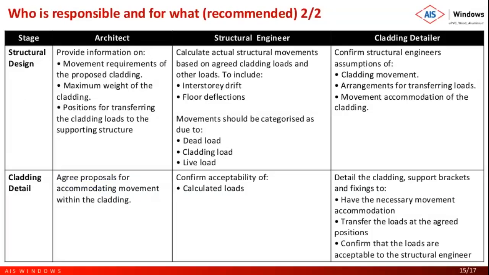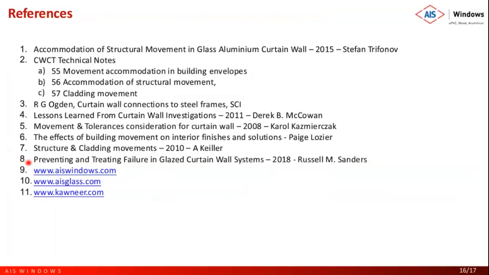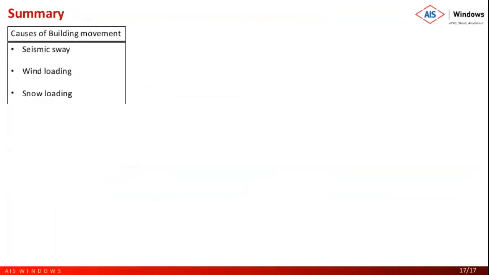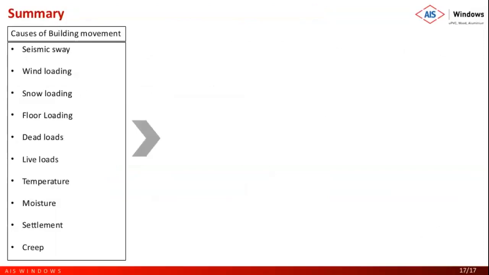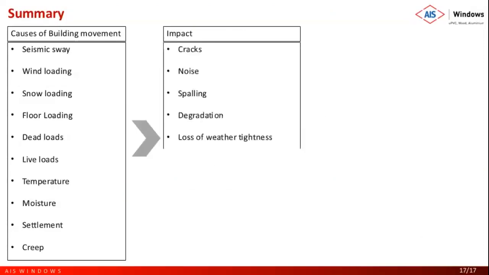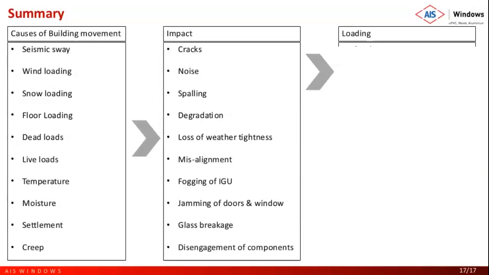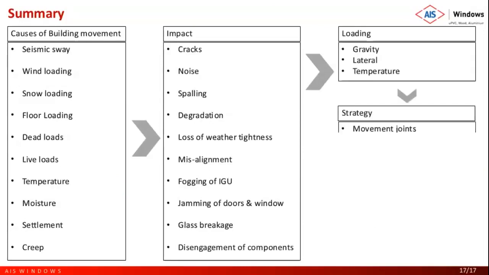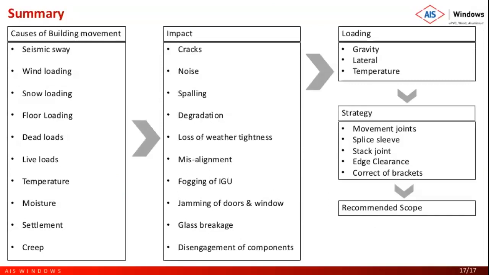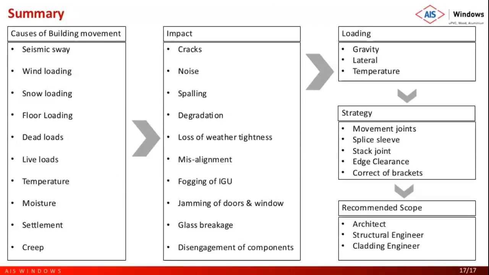I used the following references while developing these slides, which are given in slide 16. And just to summarize, what we discussed today is on slide 17. We discussed the causes of building movement, what impact it has on the structure, what kind of loading we should really look at at very early stages, what strategies to be employed for movement accommodation, and the recommended scope between architect, structural engineer, and cladding engineer.